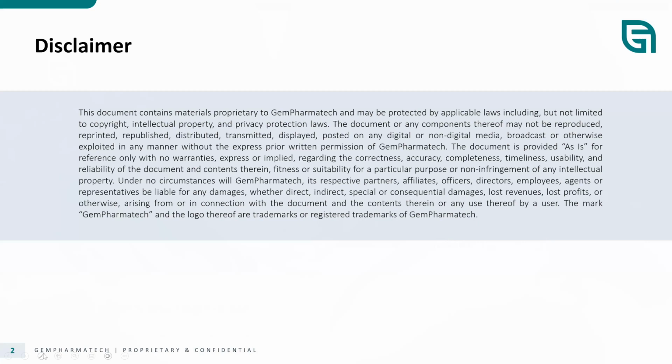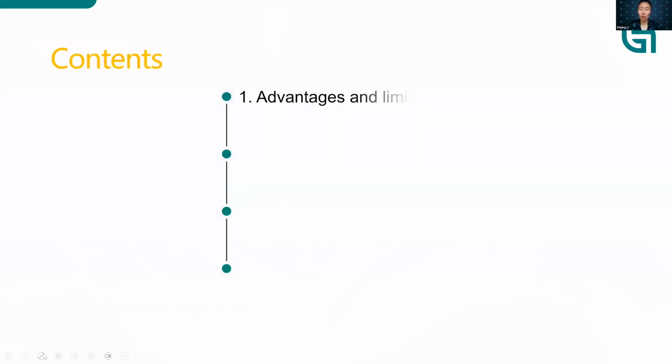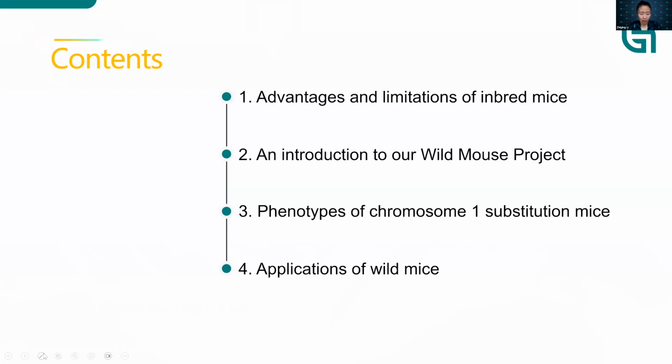So let me start sharing my screen. Okay, a brief disclaimer. Today there are basically four portions of the talk, starting with our usual topic, our inbred mice, which we have worked a lot with and provided information on to our customers and colleagues in past webinars.